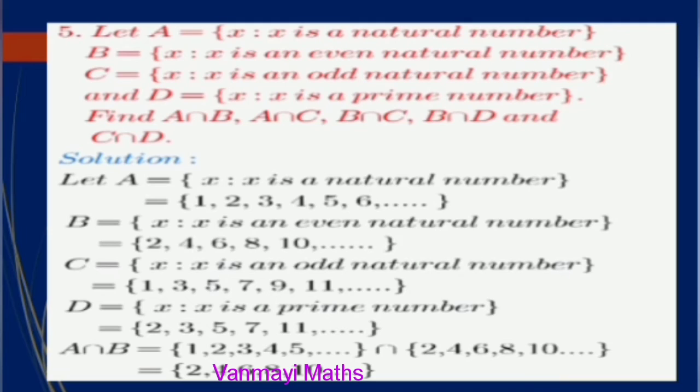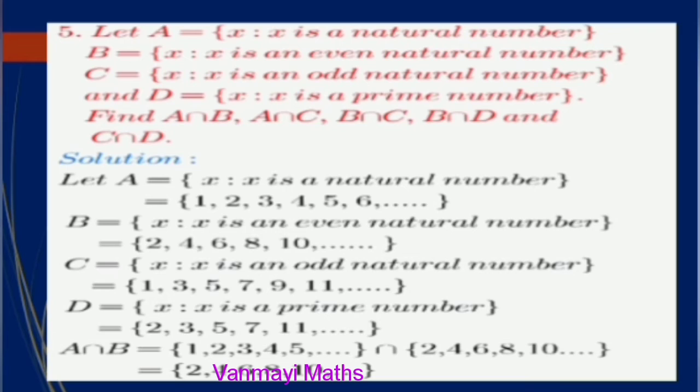Find A intersection B, A intersection C, B intersection C, B intersection D and C intersection D. So first of all we have to write them in roster form. So A is equal to 1, 2, 3, 4, 5, 6 up to infinity, and B is equal to 2, 4, 6, 8, 10 up to infinity. In the same way, C is equal to 1, 3, 5, 7, 9, 11 up to infinity. D is equal to 2, 3, 5, 7, 11 etc.